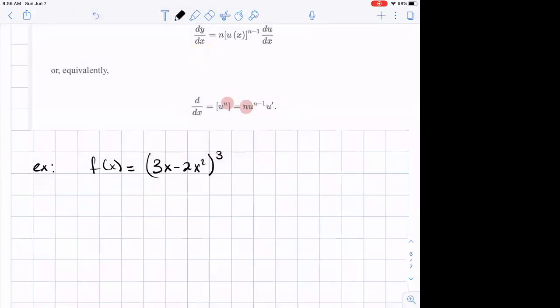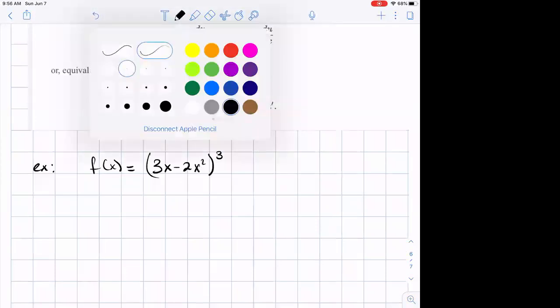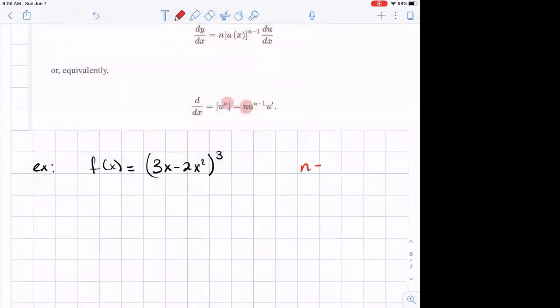What is n in this example? What is n? Isn't it 3? 3, yes, I can hardly hear you. So n is 3, right? So this is my n.